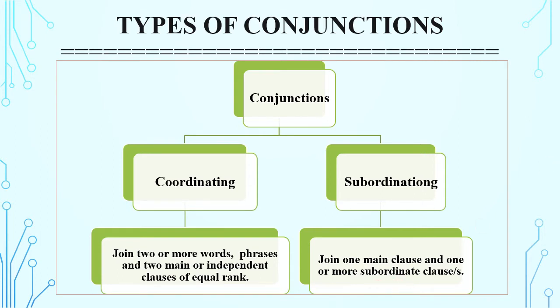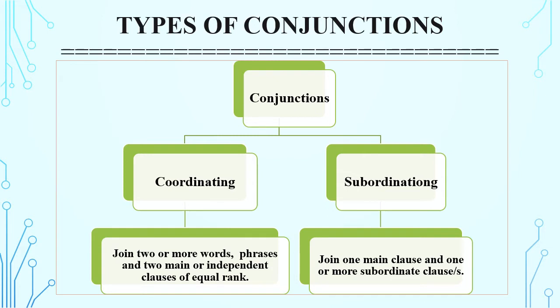Here you may think what are independent and dependent or subordinate clauses. Let me explain you here. An independent clause can form a complete sentence standing alone. It has a subject and a verb. On the other hand, a dependent clause has a subject and a verb, but it has not a complete meaning, as it is not a complete thought.